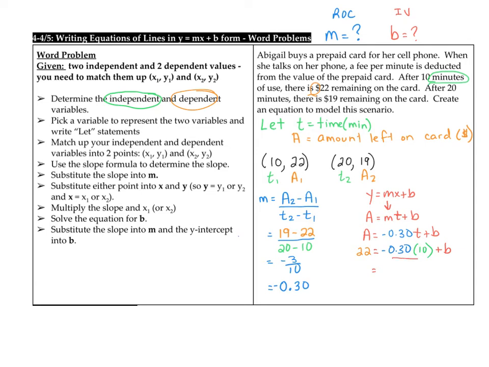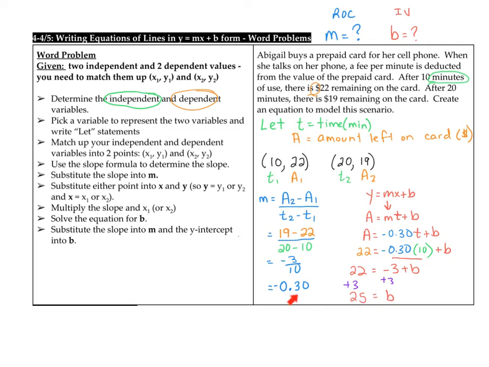So now -0.30 times 10 would be -3. And to solve for b, add 3 to both sides. So that means you would get b is equal to 25. So that's telling you that the initial value is $25.